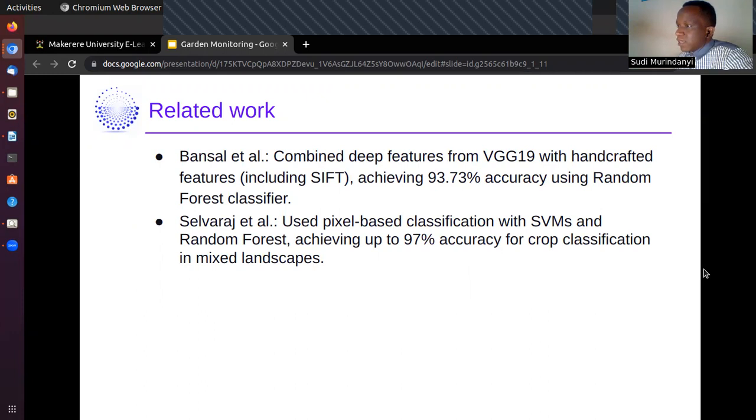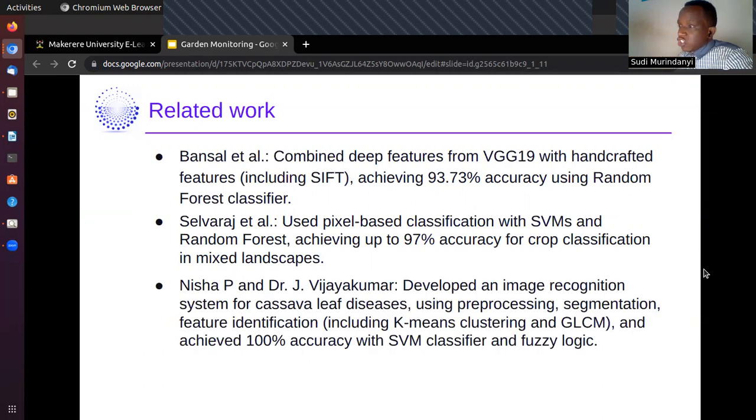Another paper was the one done by Salvador and his friends. They employed a pixel-based classification approach using SVM and random forest. They were able to get 97% accuracy. And then another one is Nisha. They deployed an image recognition system for cassava leaf diseases.